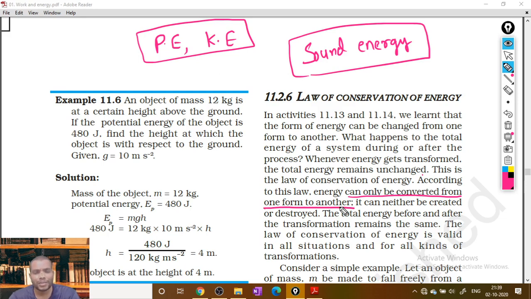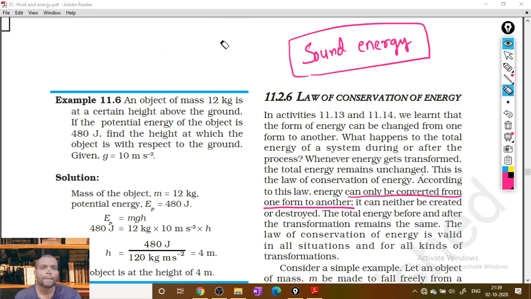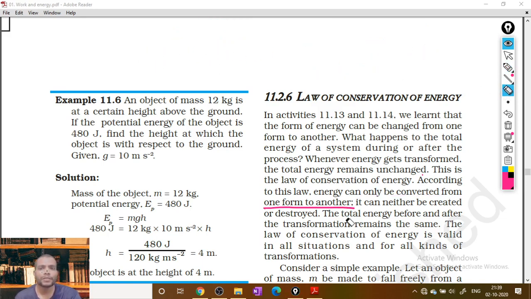So many examples you can talk about here for the law of conservation of energy. A general example: the sun is a source of energy. And we know that plants need sunlight in the process of photosynthesis to prepare food.